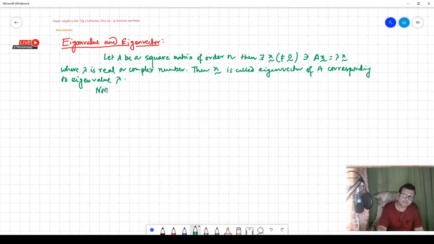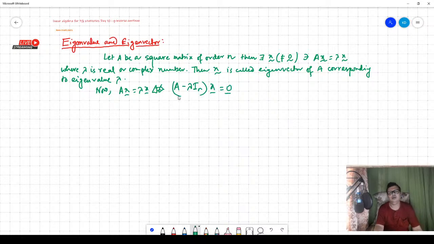Now A x equal to lambda x. This means (A minus lambda I) x equal to 0 is a system of homogeneous equations.